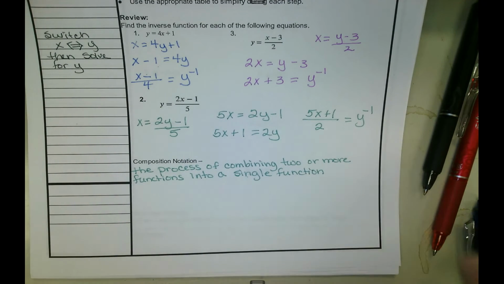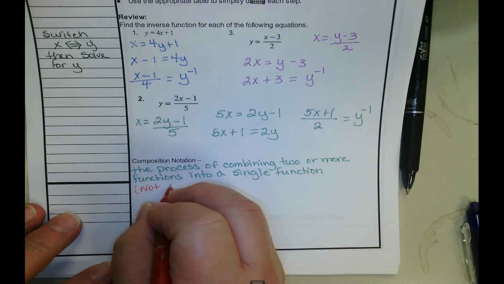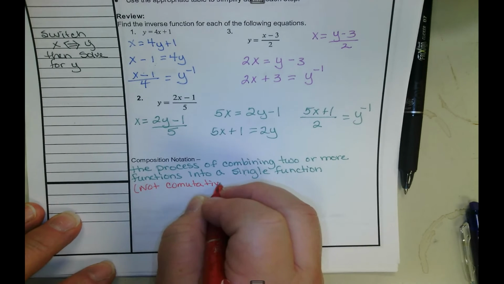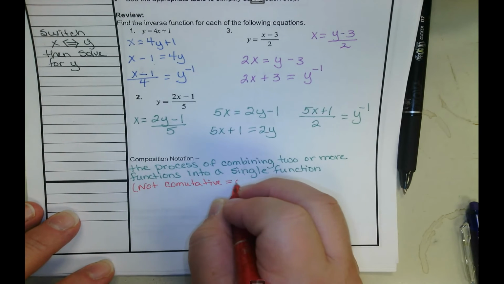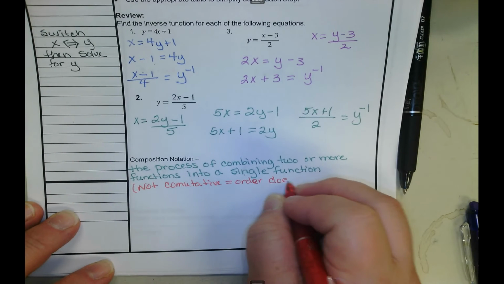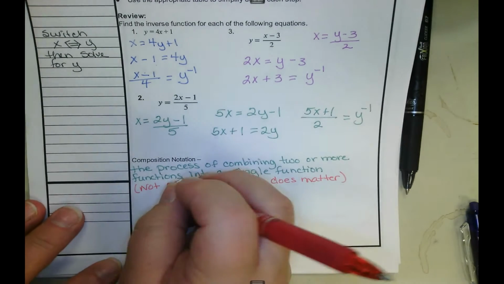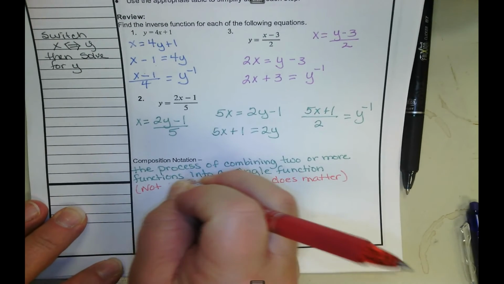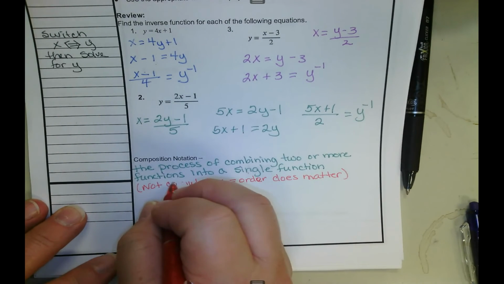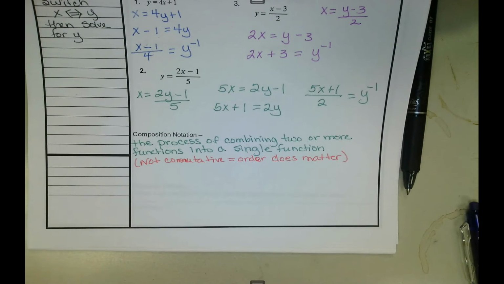Order does matter. Commutative should have 2 m's in it, not 1.